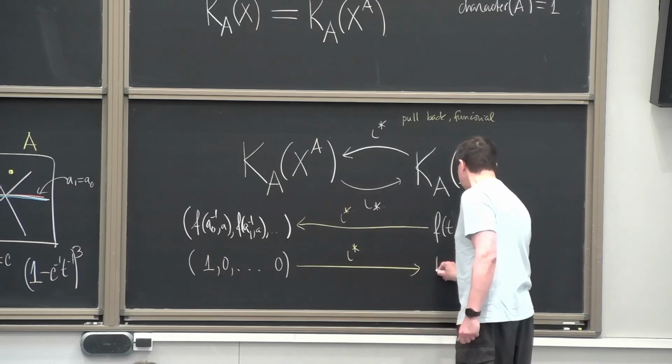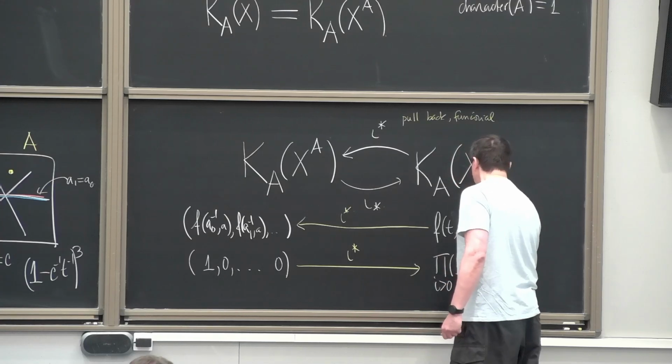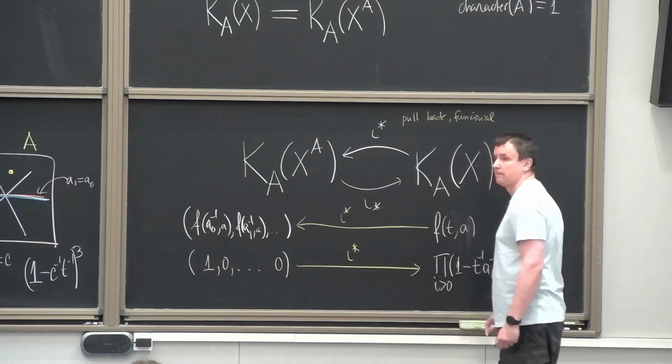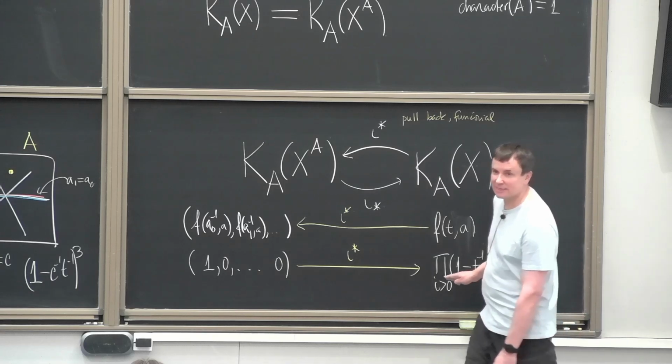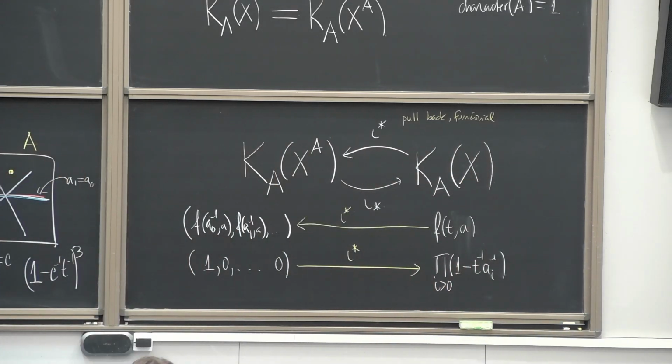It's the product over i bigger than 0 of 1 minus t inverse A_i inverse. This is the smallest possible function. If I'm looking for a function that vanishes everywhere except at one plane here, that's the smallest one you can write, because it has to vanish at all other points. So that's the push forward, right?